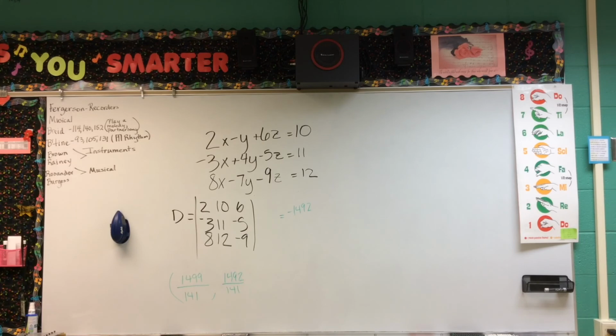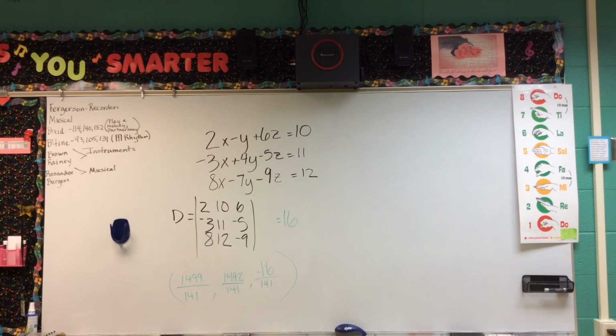So at the bottom, we have our 2 answers so far, and we're going to work on our dz right now. Okay, so that would be our dz right there. It equals 16.